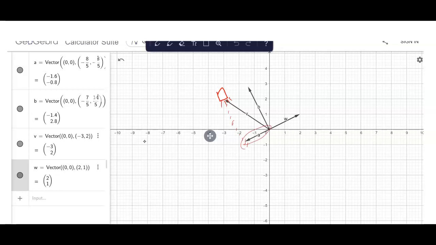Vector A is going to be parallel to W. Now, in this case, it's parallel in the opposite direction, which is perfectly fine.